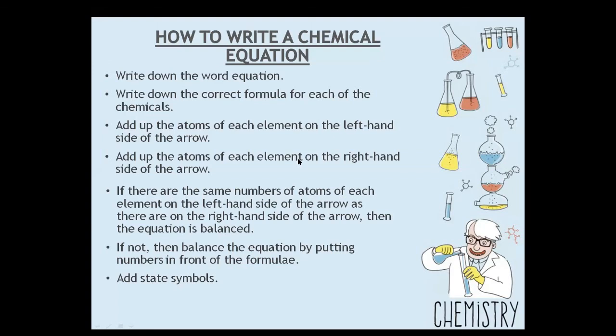But if you find that these are unbalanced, then balance the equation by putting numbers in front of the formulae, and in the last stage you add the state symbols, means what is the state of these reactants and the products. Okay, now we will move on.